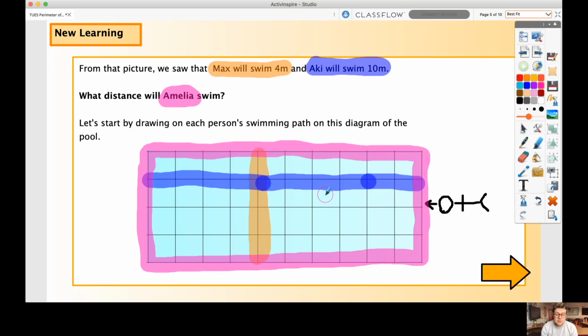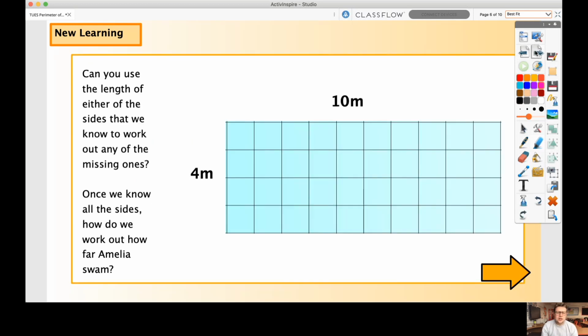So when we think about who's swimming the least, who's got the shortest line? It's going to be Max, isn't it? And then who's going to swim the longest? Well, there looks like there's a lot of pink on there, so I think Amelia is going to swim the longest. Let's find out. So, can we use the length?